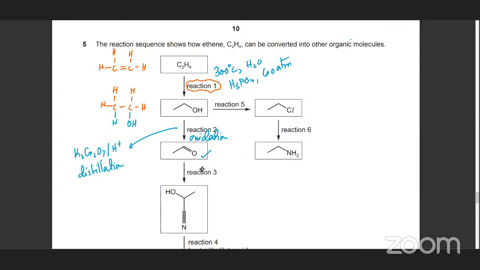You're going to warm it, because you have to remove the aldehyde as soon as it is produced. Aldehydes don't form hydrogen bonds, so they can easily evaporate. If you don't do that, they would turn into carboxylic acids.